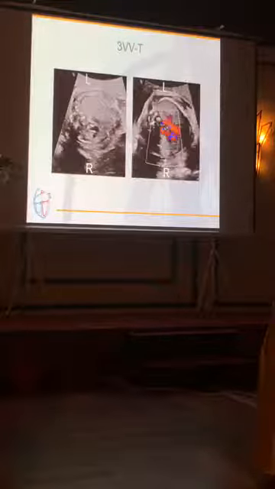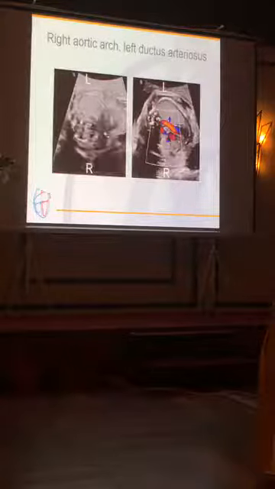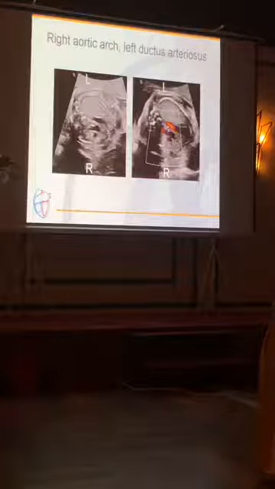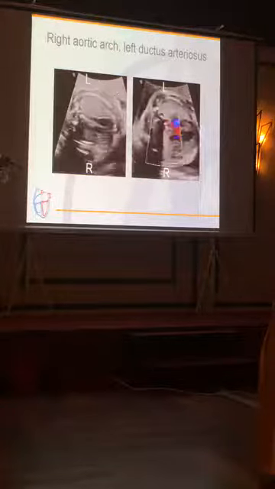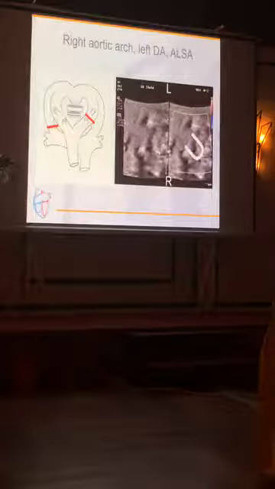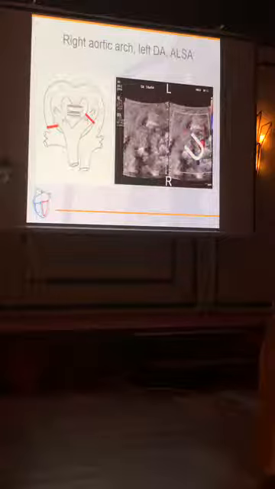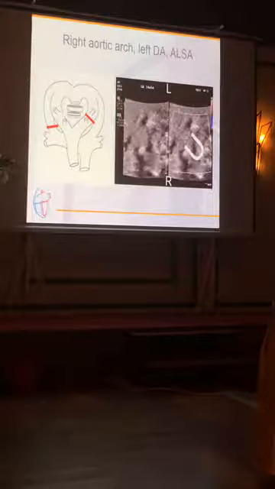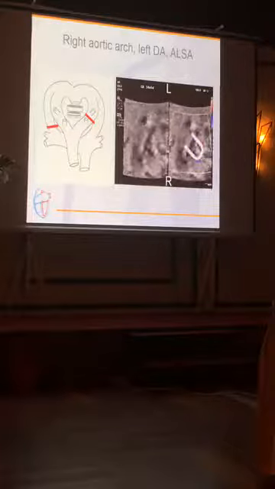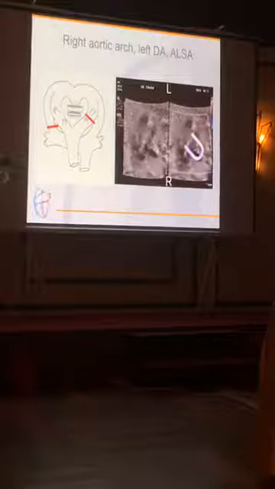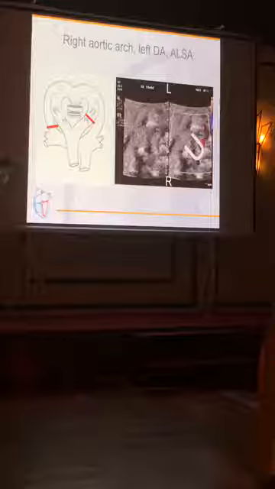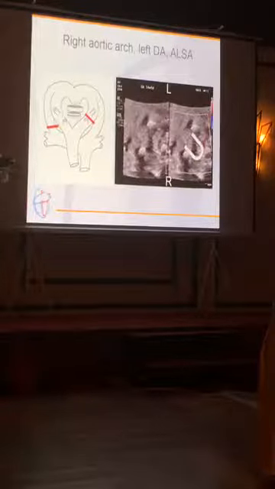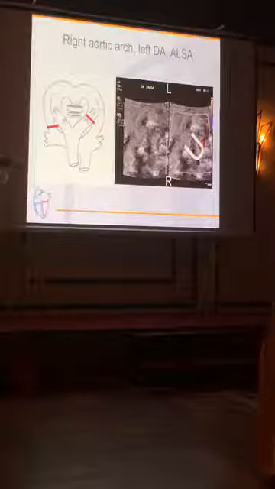This will be presented a bit later, again the same, but with description. What is typical for cases like this is that first the vessels show something like the letter U. Some people say you can see the U letter in the mediastinum, and it means that you have a right aortic arch, left duct, and the left subclavian artery in most cases will be an aberrant vessel.